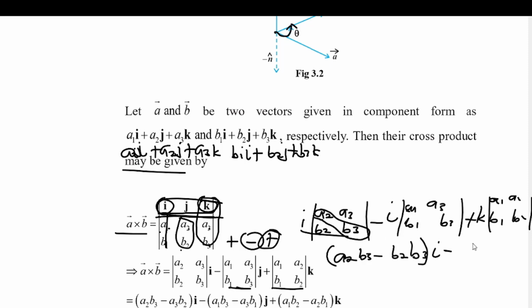Then you multiply A1 times B3 minus A3 times B1, and that is what you have here. And for the last one, A1 times B2 minus A2 times B1, times k.